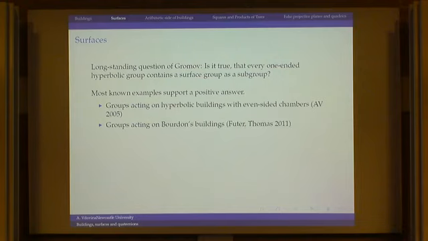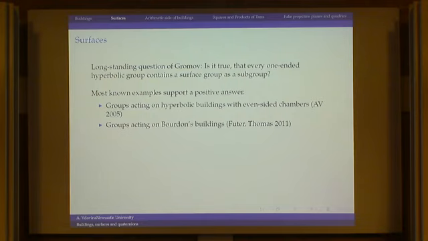Most known examples do support a positive answer to this question. How it goes so far is that everybody picks their favorite hyperbolic groups, and then at some point proves that there is a surface subgroup.